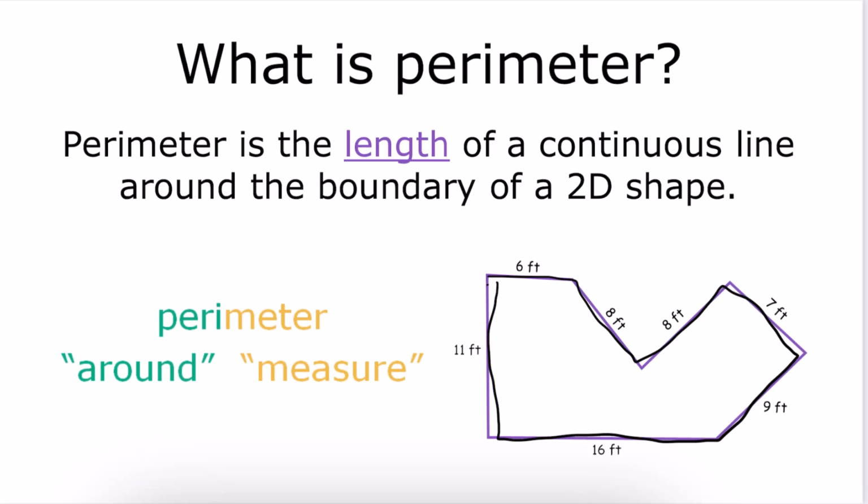By introducing perimeter in that way, the students are going to figure out for themselves that they need to add all of those numbers together to find out how long the fence should be to go around the outside. And then after they've discovered their strategy for solving that problem, then you can introduce the vocabulary, saying this is the perimeter of the shape.